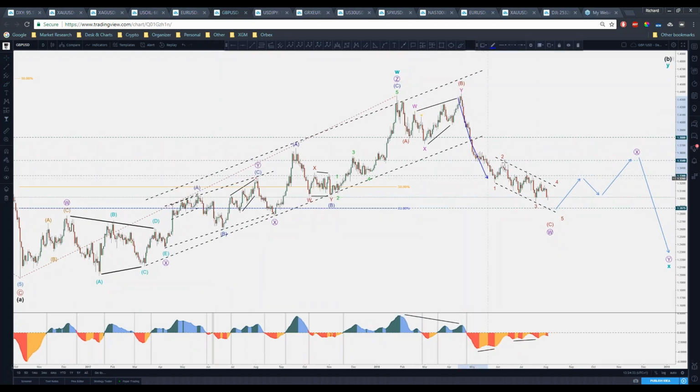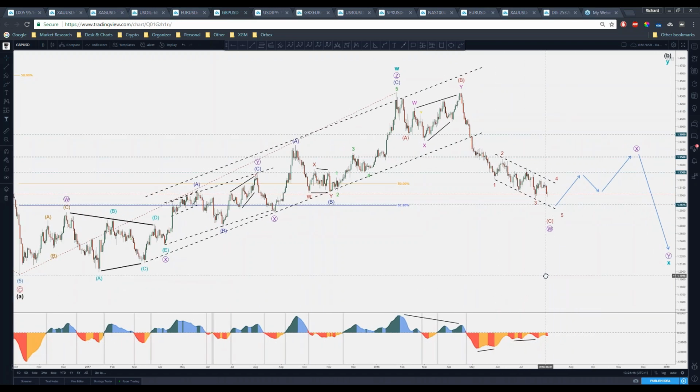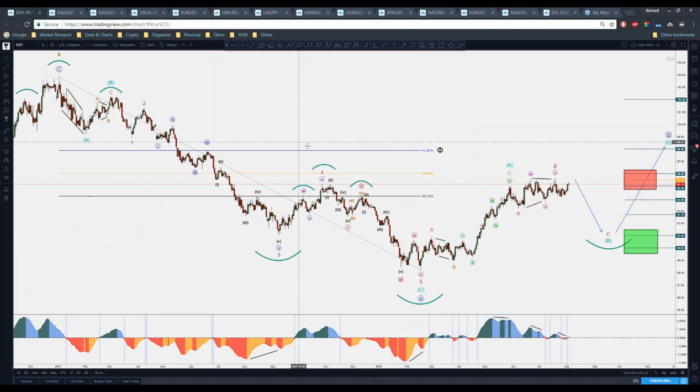So 1, 2, 3, 4, 5. As you can see, this is in a descending channel. Not to mention that we do have signs of bullish divergence right there. So we'll need to keep an eye on this. This could be the day where the dollar could basically pick a direction, because it's about time.